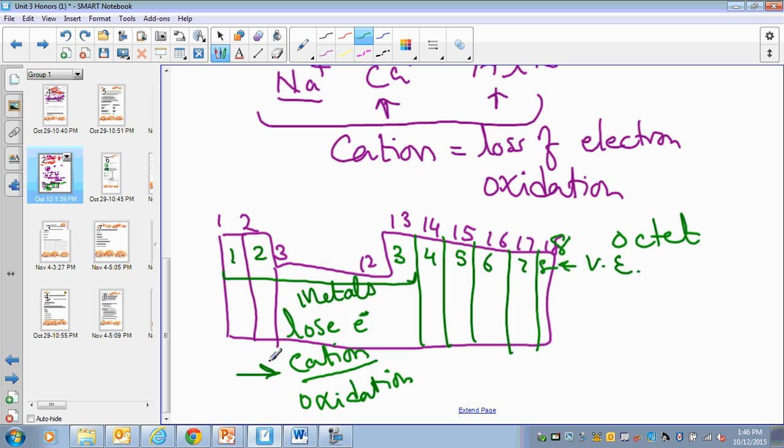Everybody who has 5, 6, or 7 will gain 1, 2, or 3 and make anions, negative ions. This process is called reduction. So they're going to gain to get 8, or lose to get 8.